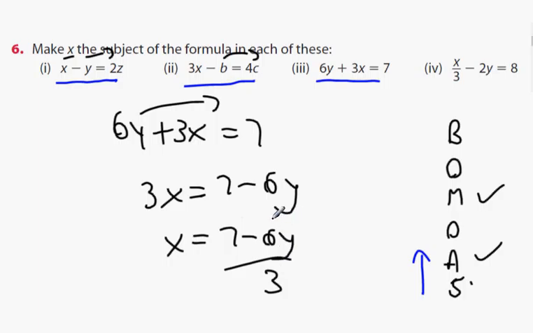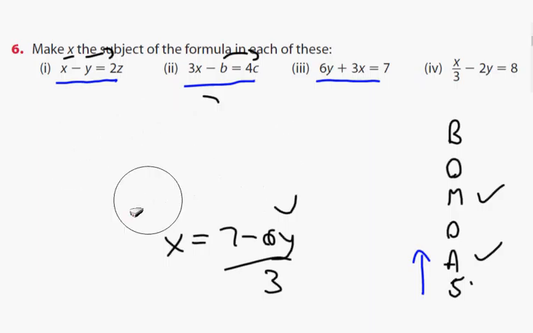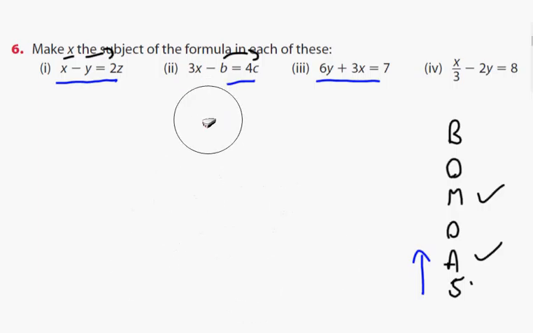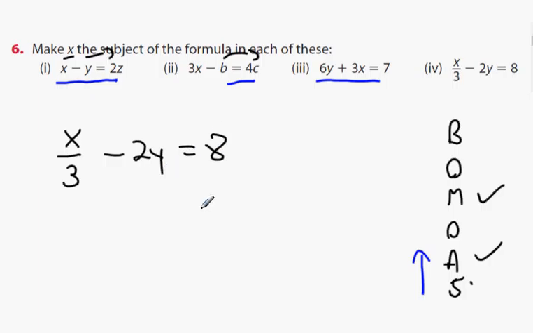Alright? Now, there's more than one way of doing the next one. Okay, there's 2 ways of doing the next one. I'm going to show you 2 ways of getting the same answer. Alright? First way is, what's happening to the x? Okay, what goes first? 2y. 2y goes, and then we have x over 3 equals 8 plus 2y.